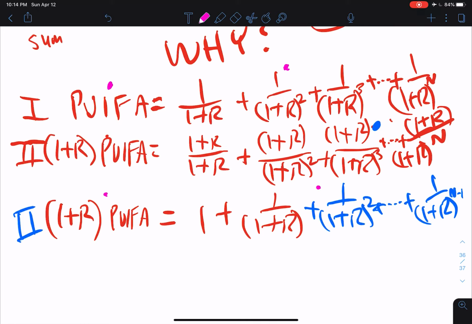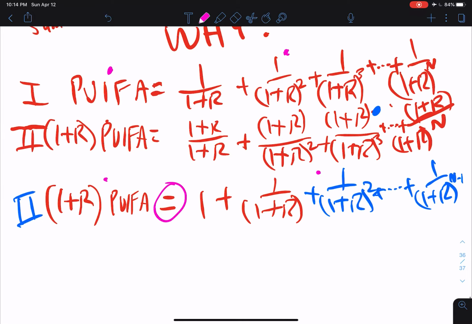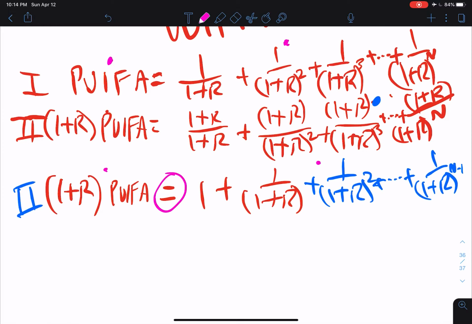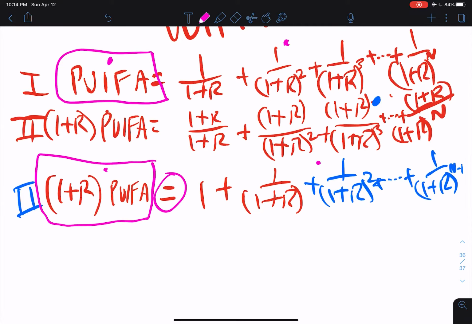Okay, no problem there. That's why we have that equal sign. But now here comes the logic. That implies that the difference in the left-hand side of the equation, if I subtract, say, this from this, has to equal the difference in the right-hand side of the equations.